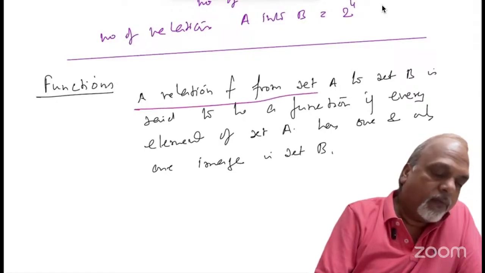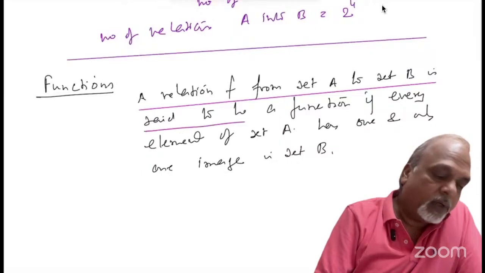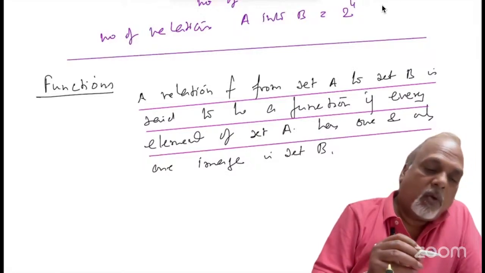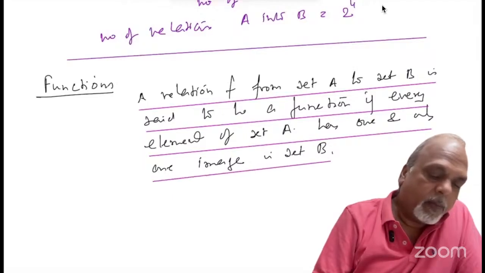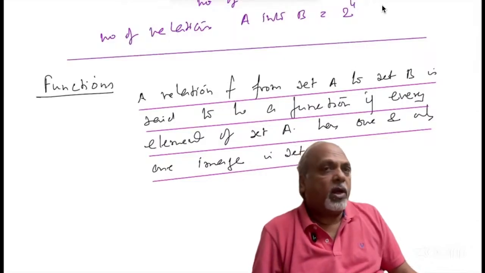A relation f from set A to set B is said to be a function if every element of A has one and only one image in set B. Correct?